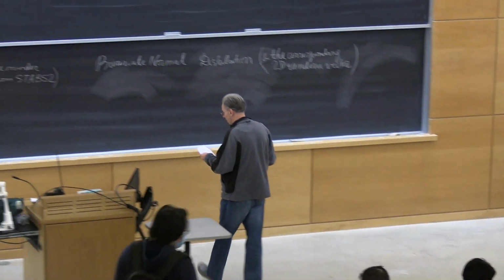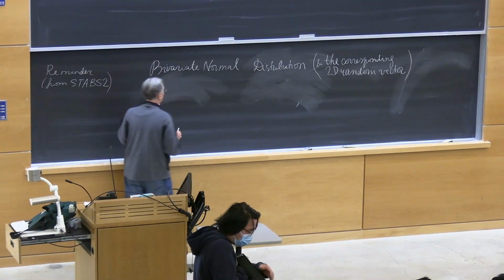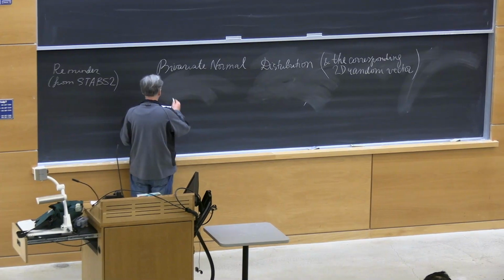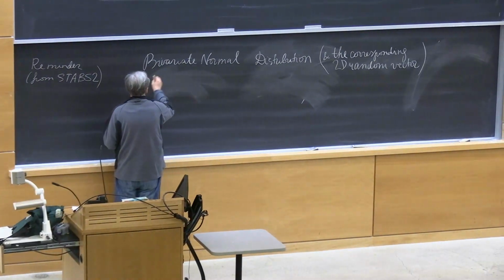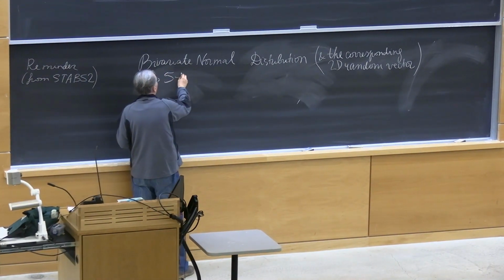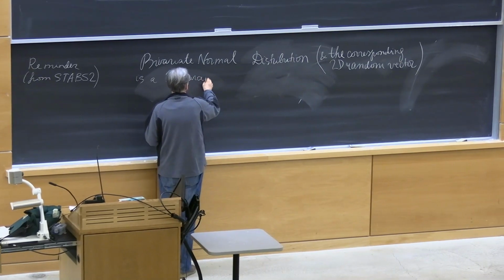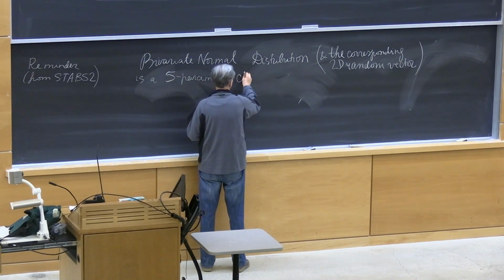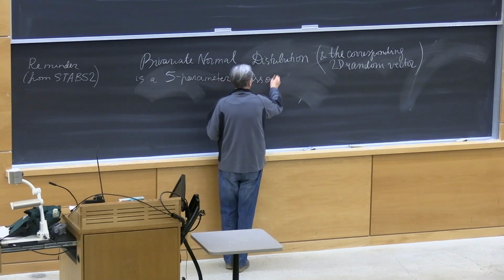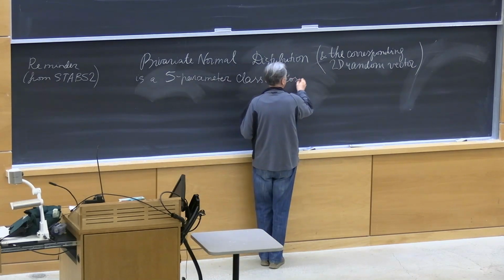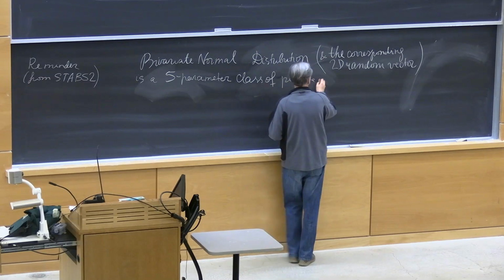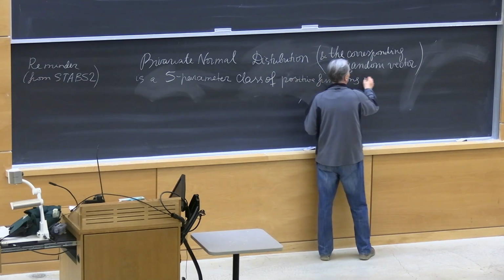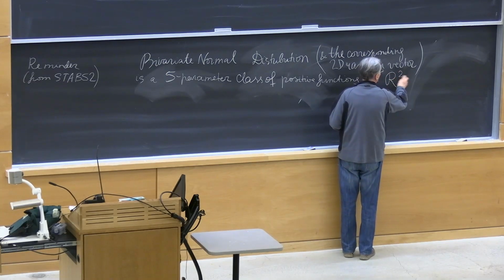Okay, but now, so bivariate normal distribution for now is a 5-parameter class of positive functions on R squared.